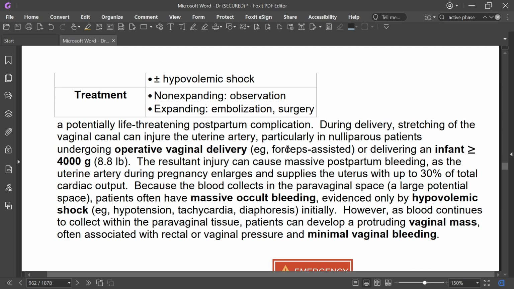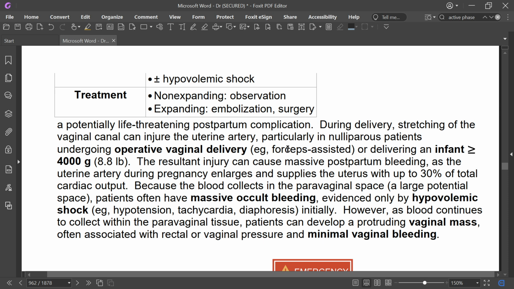During delivery, stretching of the vaginal canal can injure the vaginal artery, particularly in the nulliparous patient undergoing operative vaginal delivery, forceps assisted, or delivering an infant more than 4 kg.